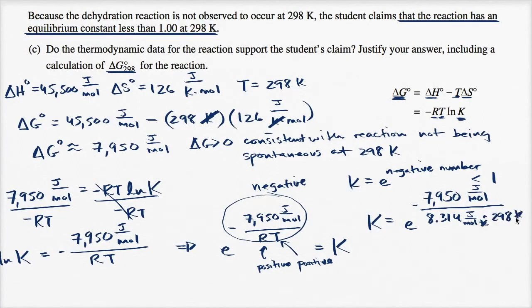Those cancel out, and joules per mole divided by joules per mole cancel out. And so you would get your number. And actually, let's just calculate it, just for kicks, just to really feel good about it. You can see this is going to be dimensionless, and equilibrium constants are dimensionless.